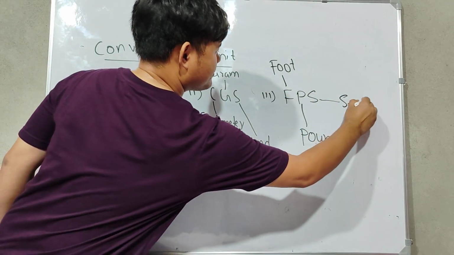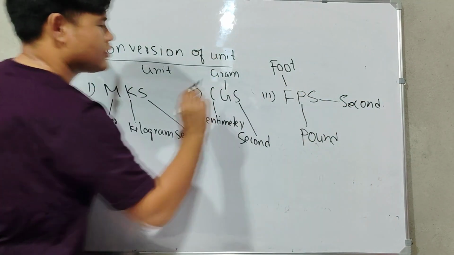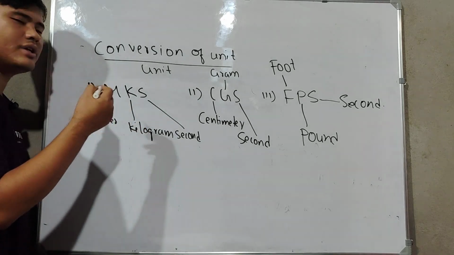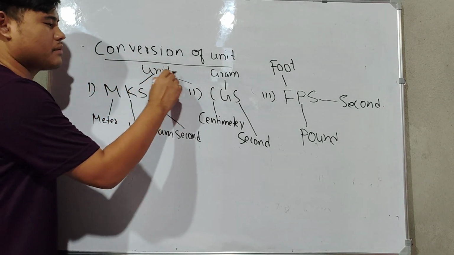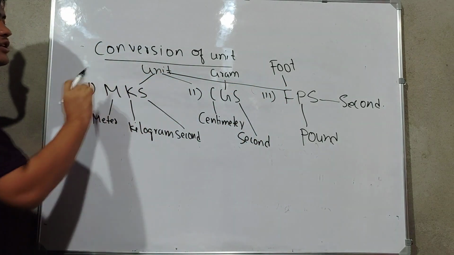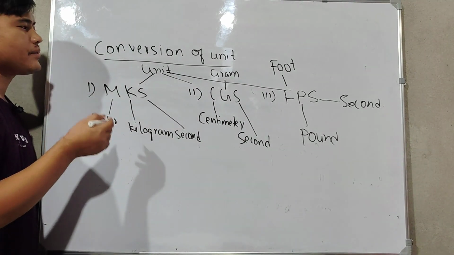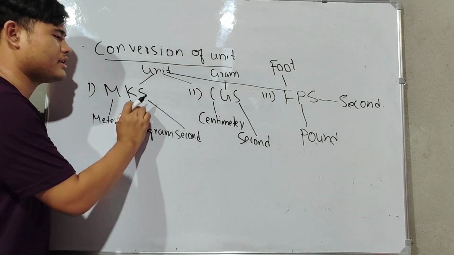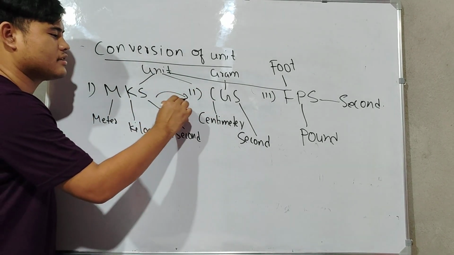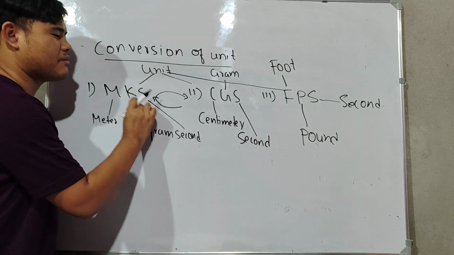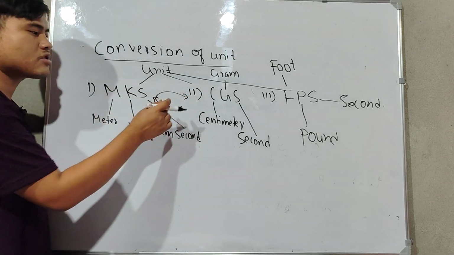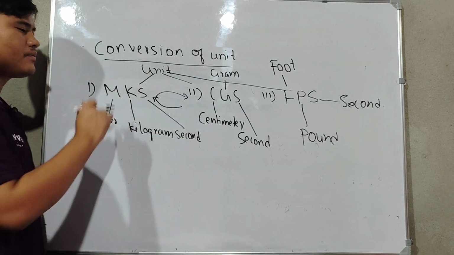And time will be in seconds. So these are the three systems of units: MKS, CGS, and FPS. Now conversion means we have to convert from one system to another and vice versa. Sometimes we have to convert from MKS to CGS, and sometimes questions will ask us to convert from CGS to MKS.